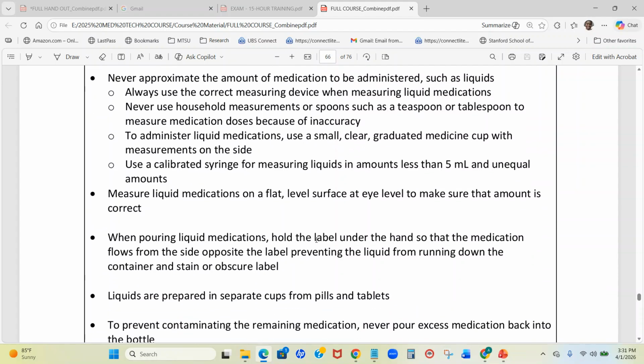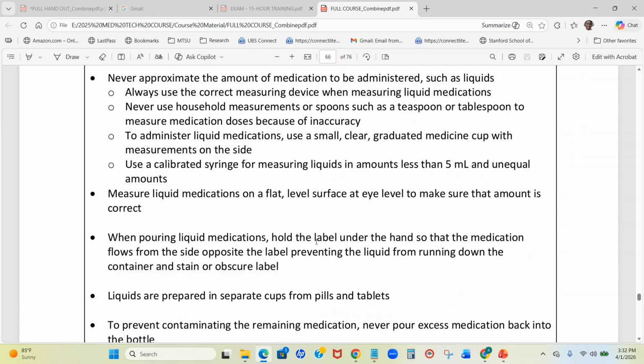Never use household measurements or spoons, such as teaspoons or tablespoons, to measure medication doses because of inaccuracy. Your kitchen tablespoons and teaspoons are not the same as the ones that the pharmacy provides. So always go for the spoons that come with the medicine containers.